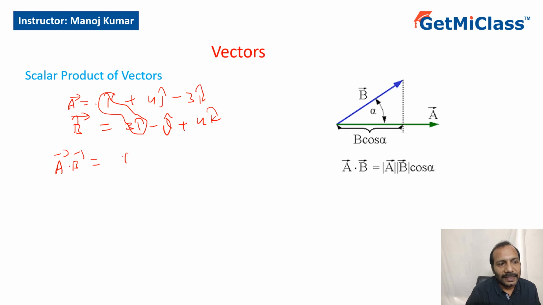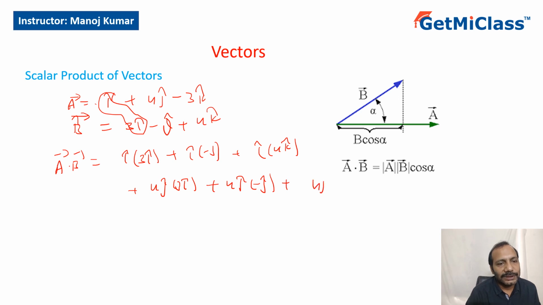I can write it as i into 3i plus i into minus j plus i into 4k plus 4j into 3i plus 4j into minus j plus 4j into 4k plus minus 3k into 3i plus minus 3k into minus j plus minus 3k into 4k. So I have done it just so that you understand.